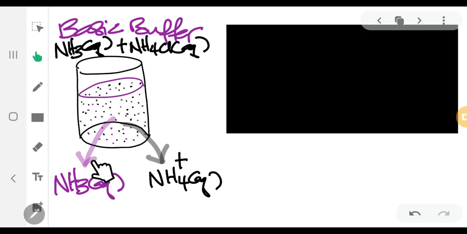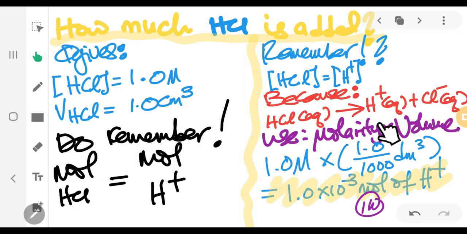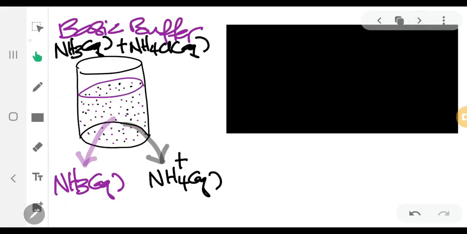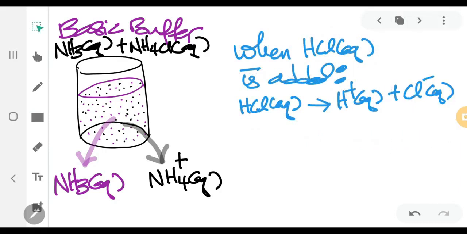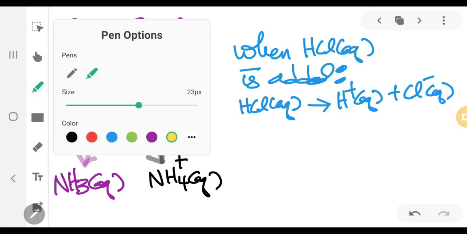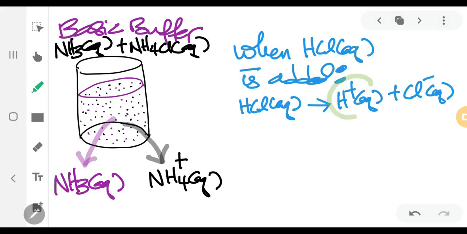So which one of these 2 components will be reacting with the additional H plus? Do remember that when HCl aqueous is added, we are adding H plus into the system over here. It will be added inside your basic buffer solution.